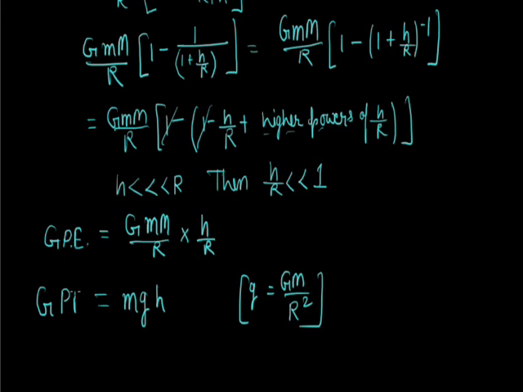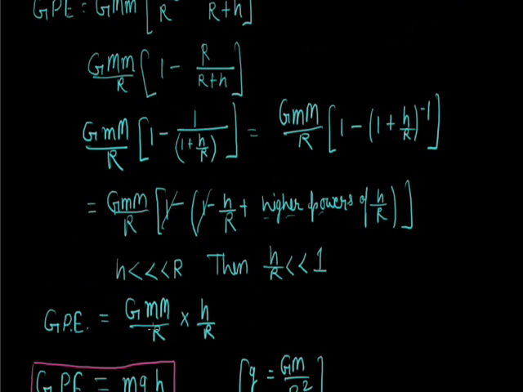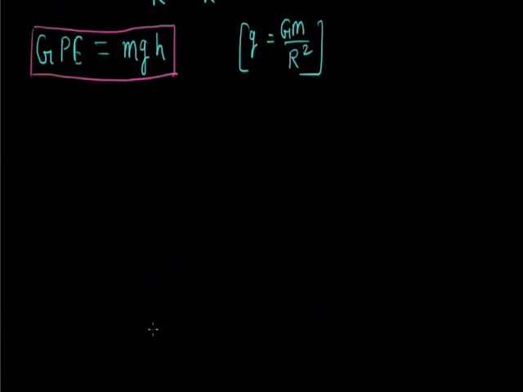So it is the gravitational potential energy when an object is moved from the surface to a certain height h, which is mgh. Gravitational potential energy is a scalar quantity, and since it is an energy, its unit is joule, and in CGS its unit is erg.